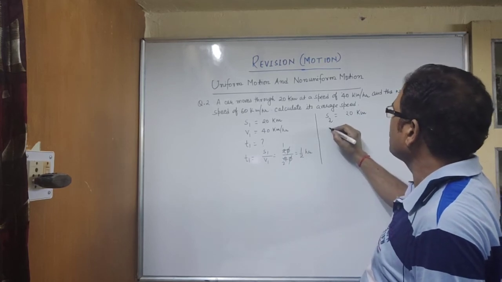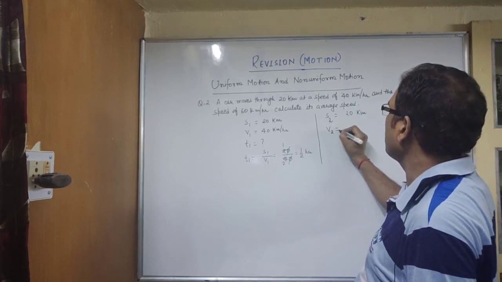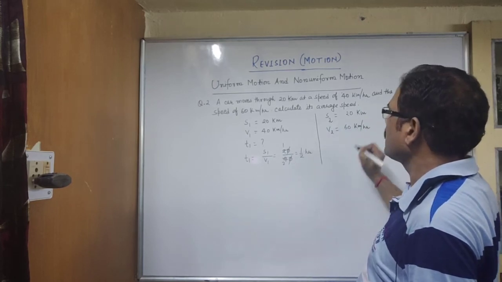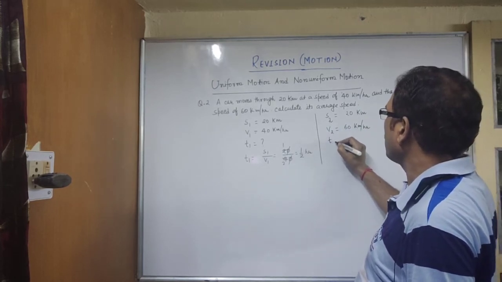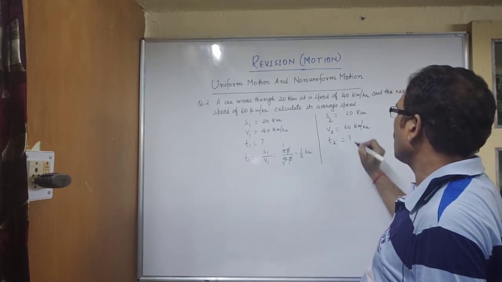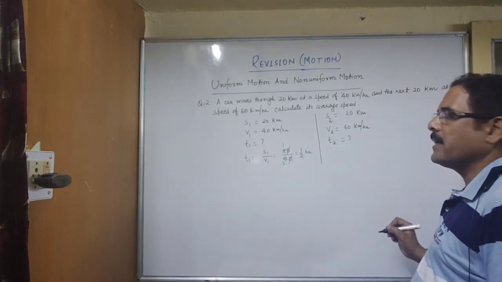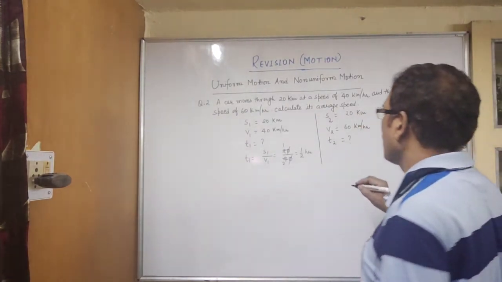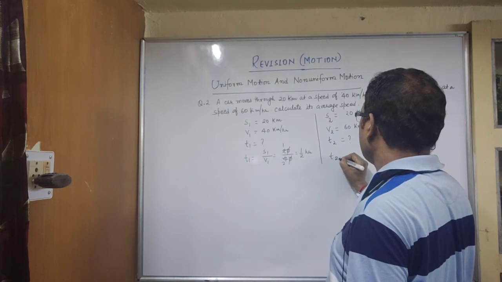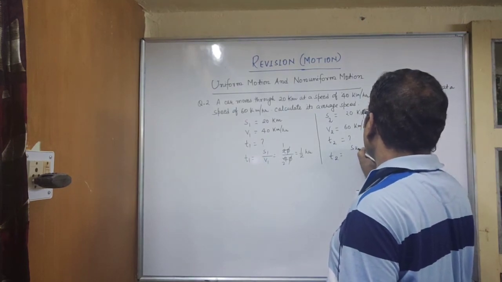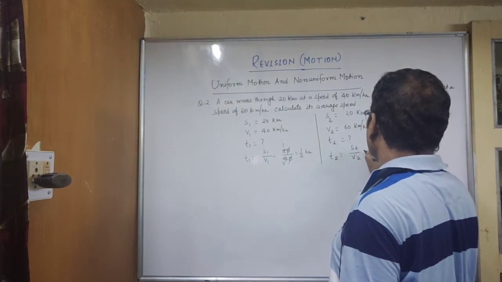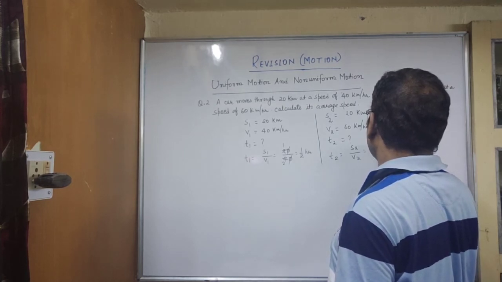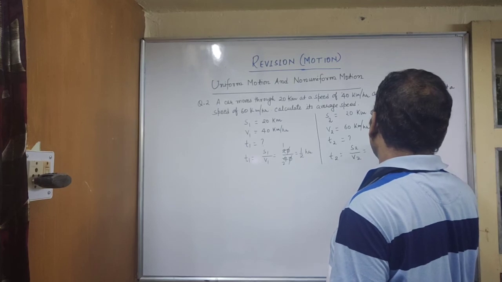Now for this distance the speed is given, 60 kilometer per hour, and you have to calculate the time first, how much time the object will take to cover this distance with this speed. Same formula, time is equal to distance by speed. So distance is 20 and this is 60, so 1 by 3 hour.